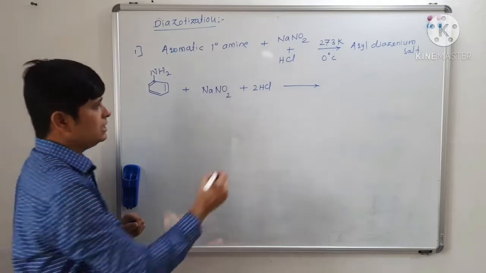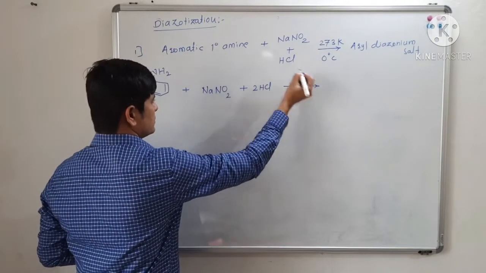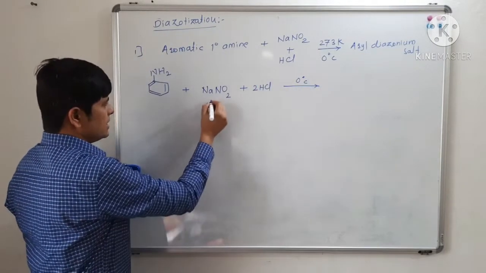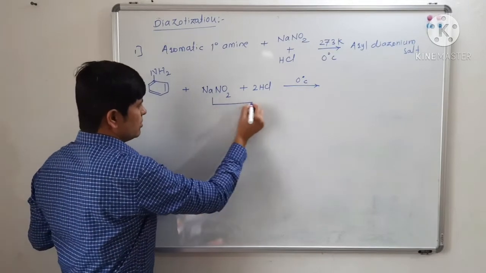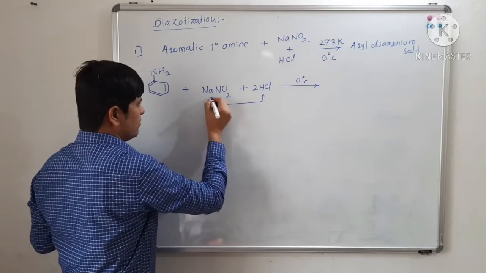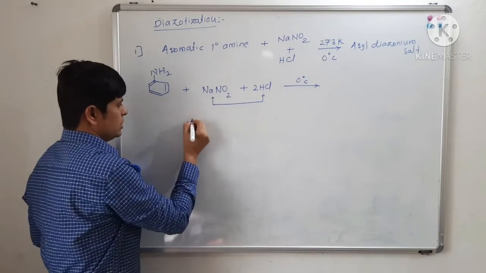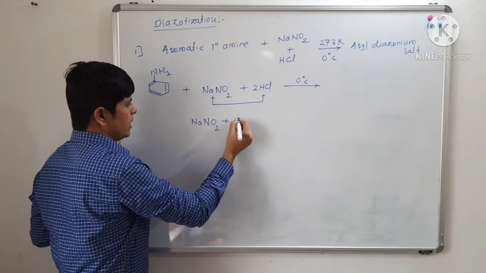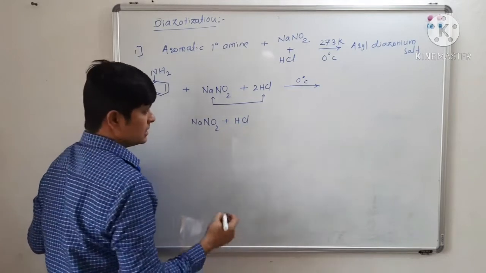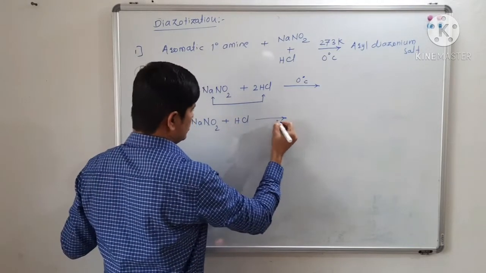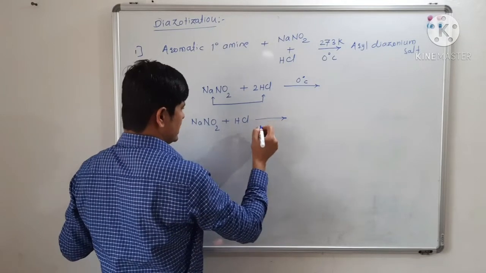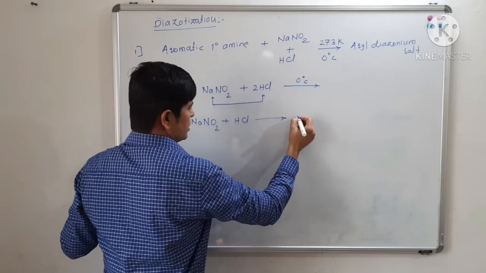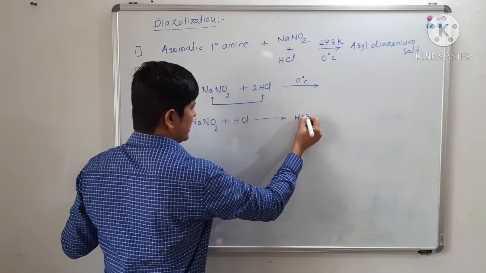See, initially there is a reaction between the sodium nitrite and 1 mole of hydrochloric acid. So there will be a formation of nitrous acid.